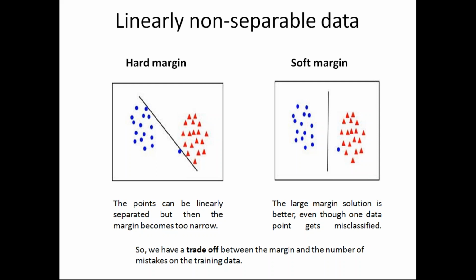Can you see the two images on the right and left side? The left hand side is called hard margin and the right hand side is called soft margin. Now more interestingly, if you see the hard margin, does this hard margin have any error in classification?